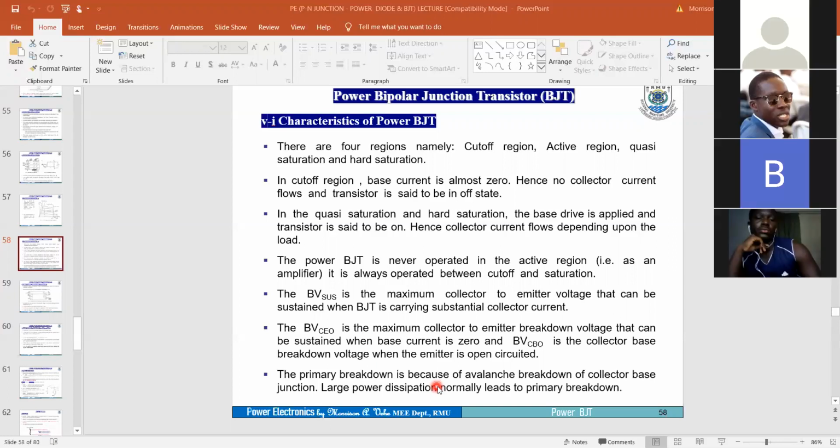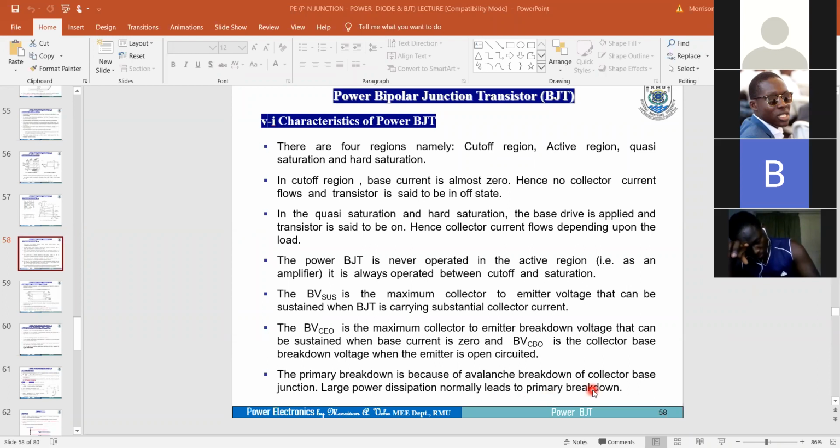The primary breakdown is because of avalanche breakdown of the collector-base junction. Large power dissipation normally leads to primary breakdown.